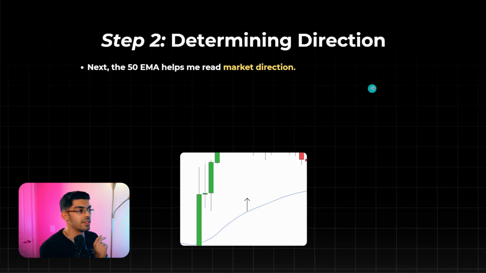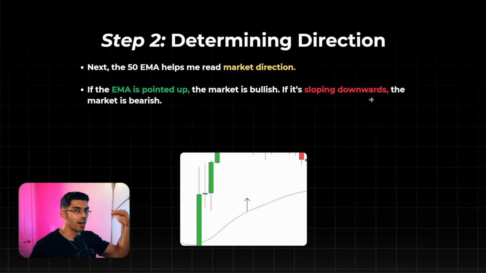The second step is determining the direction. This is also one of the main benefits of using an EMA like the 50 EMA. It helps me read the direction of the market. If the EMA is pointed up, I know the market is most likely bullish. If it's going downwards, then the market is bearish. Now, the reason why this is so cool for me is because it's objective. There are no emotions.